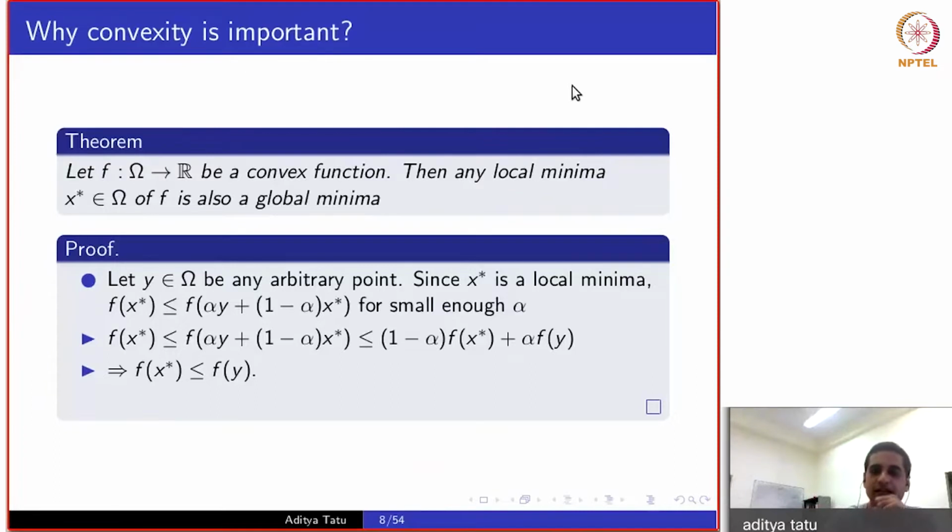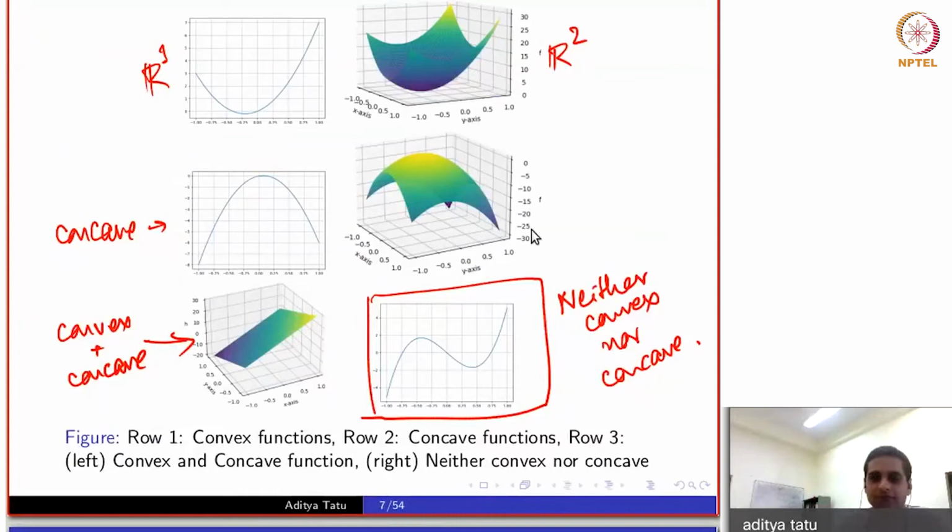Excuse me, sir, I have a doubt. Go ahead. Sir, what about the function f equals x cube? In f equals x cube, the point of the minima is the point of inflection. Why do you call it minima? There is no minima, right? It goes right up to minus infinity.